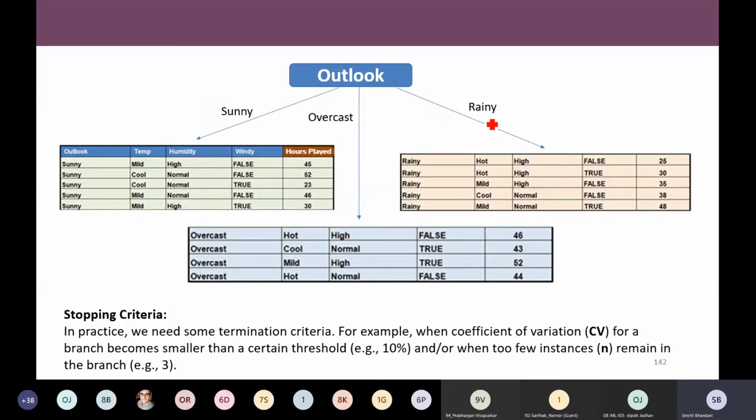For outlook equal to sunny we have these 5 samples, for overcast these 4 samples, and for rainy these 5 samples. In fact, these are the subsets that we have.